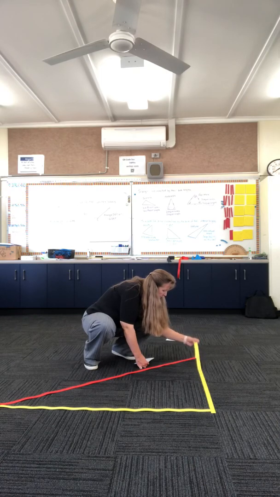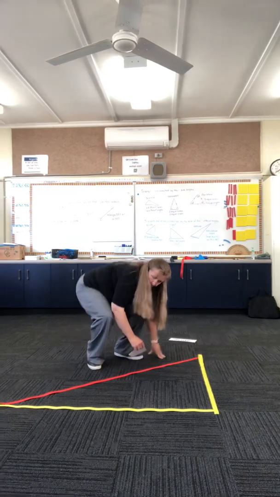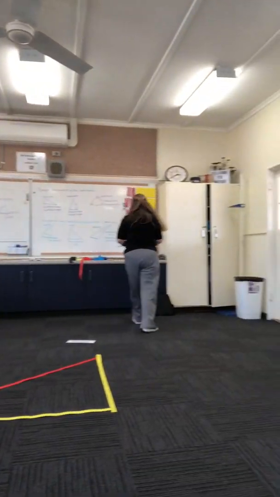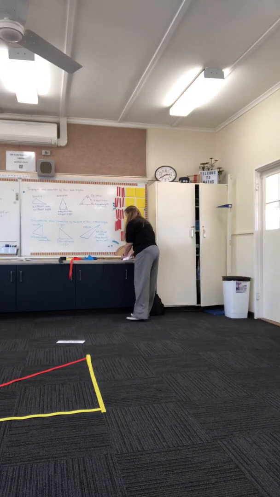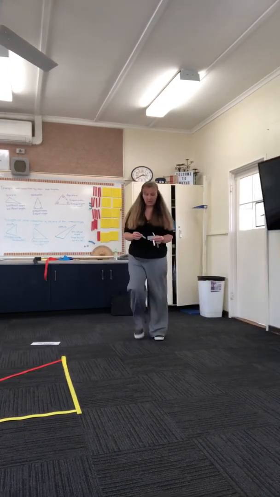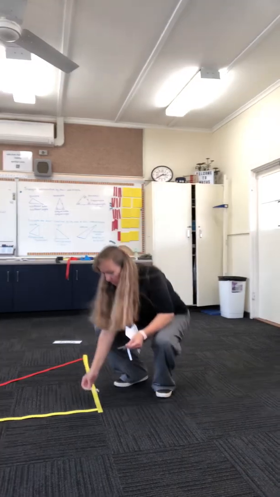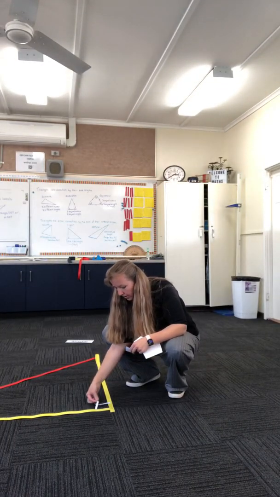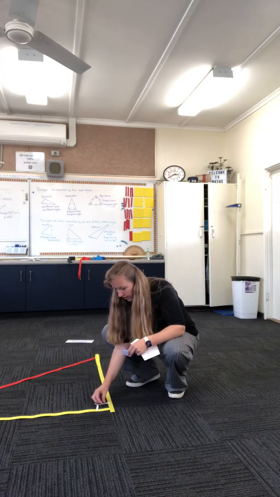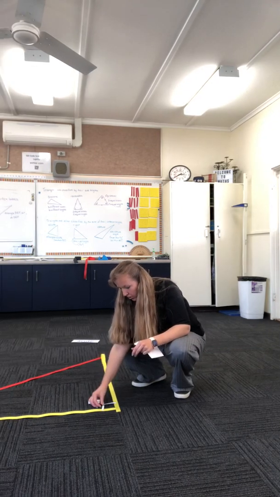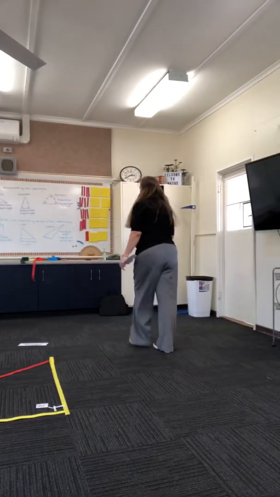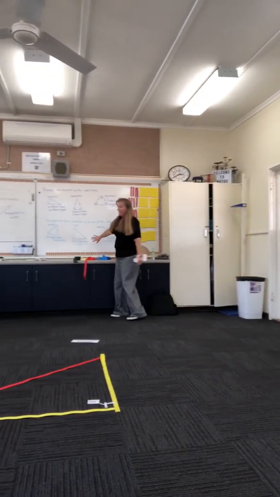If I fold that under, there we have our next triangle. Now this triangle has a 90-degree angle in the corner here. We show that with the little square that we place in the corner, and here we can show that it's 90 degrees. So this is our right angle triangle.